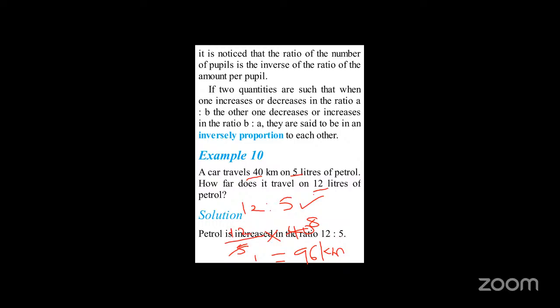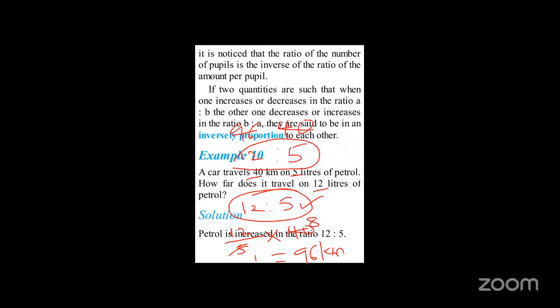So here we will have 96 ratio 40. Here 8 goes into 96 how many times? 12 times. 8 goes into 40 5 times. So this ratio is the same as that of the petrol we had.